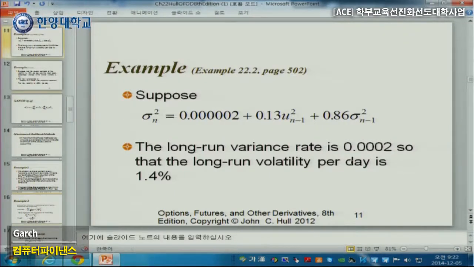If we know today's return, we square it and put it here, and then using the formula we know the volatility of tomorrow. Then we plug that in again, square it, and if we observe the stock return tomorrow, we square it and plug it in again, and we get the volatility for the day after tomorrow. So it is iterative.